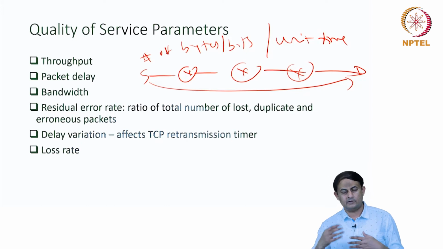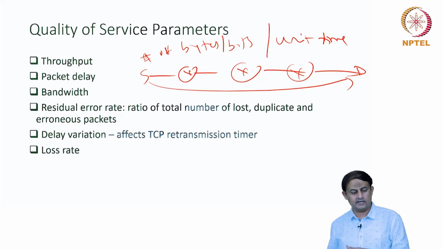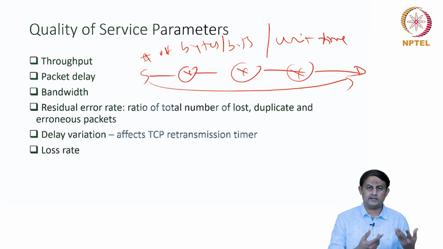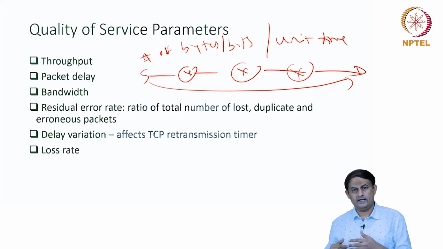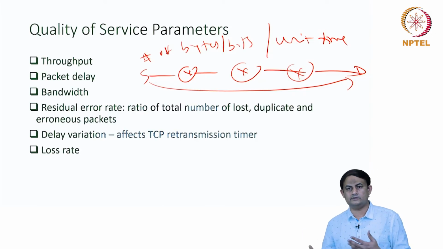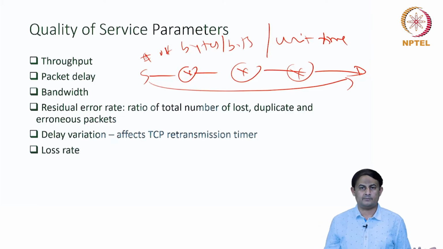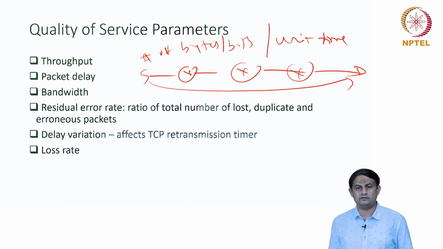For example, some application might say that I want X amount of throughput, and at the same time the bandwidth requirement is also Y. Or some other application might say that I want throughput of X, the end-to-end packet delay cannot exceed some Y milliseconds, and at the same time the loss rate cannot be more than this. So using a subset of all these parameters, a particular application can specify the quality of service requirements to the network.